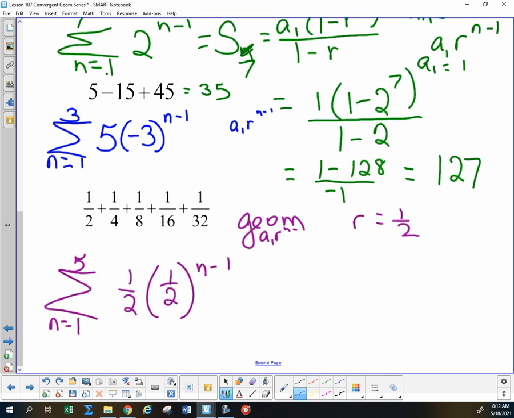Since it's just a coincidence that a1 and r are the same, I've got a half to the first times a half to another power. I'm going to clean that up just a little bit and add the exponents together. So 1 plus n minus 1 means that I am looking at a half to the n.